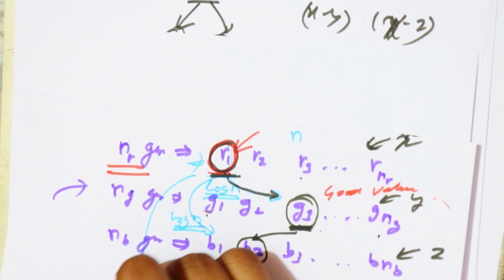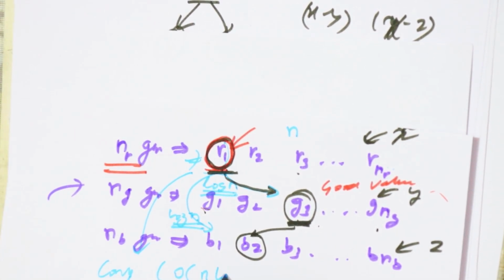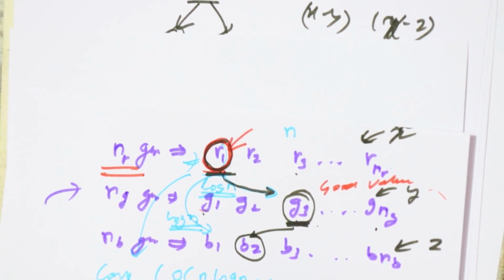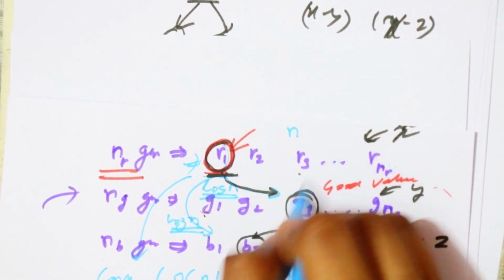So the complexity will be O of n log n plus n log n, because it is not inside each other.